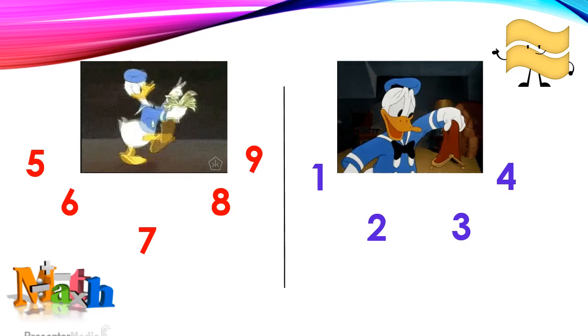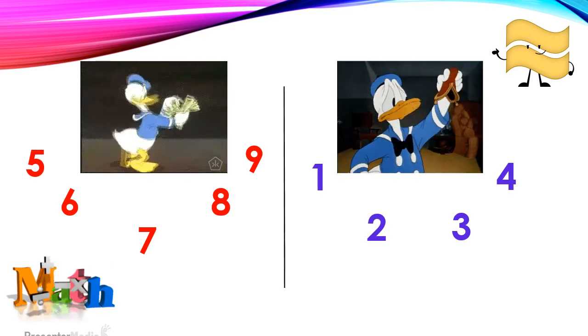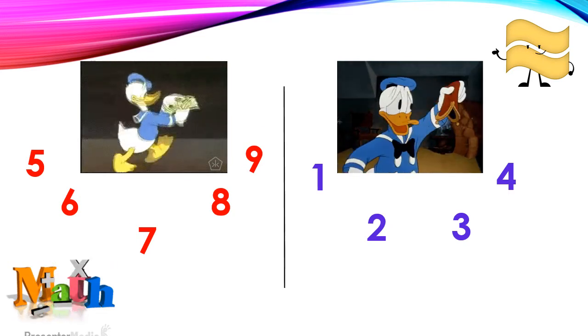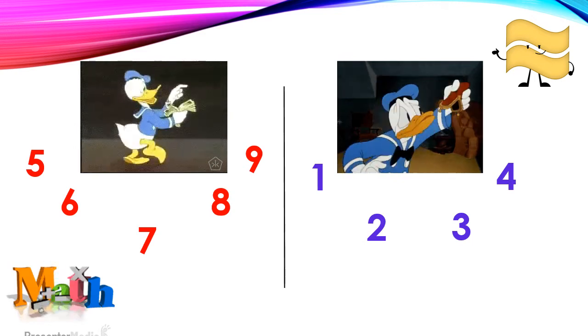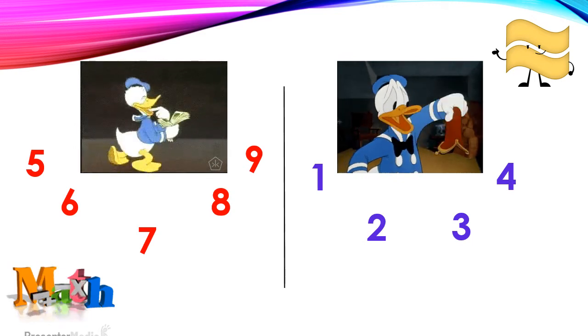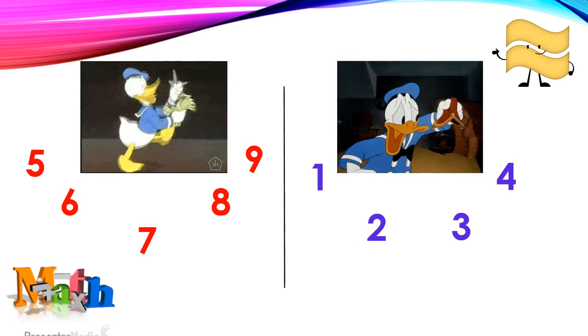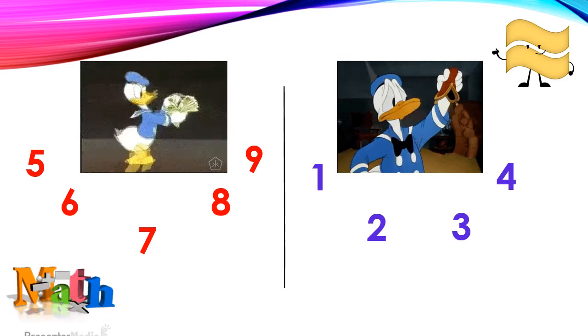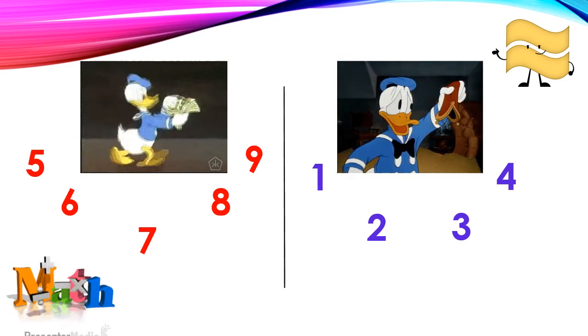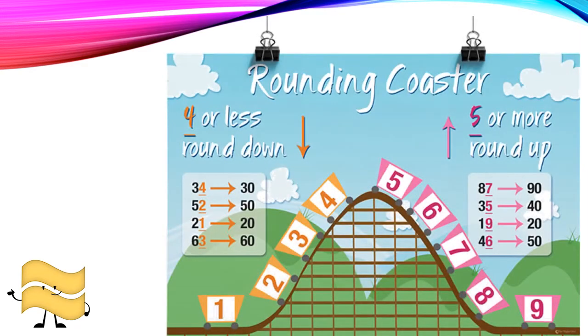Okay, so I have a poor group and a rich group. The rich group is 5, 6, 7, 8, 9, digits closer to 10, and the digits closer to 0 are sad, or poor: 1, 2, 3, 4. This is a very funny game, a very funny rounding coaster.